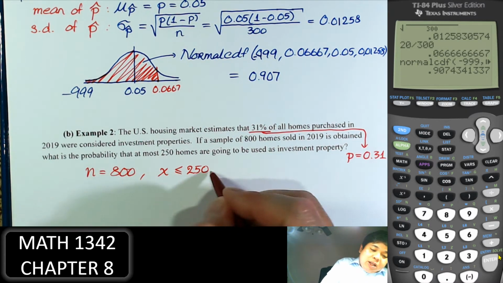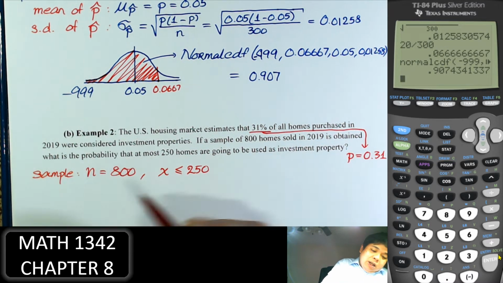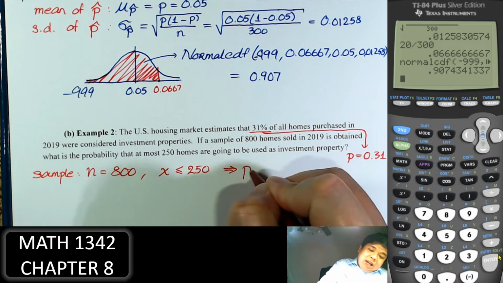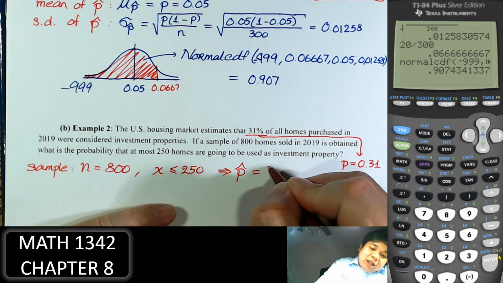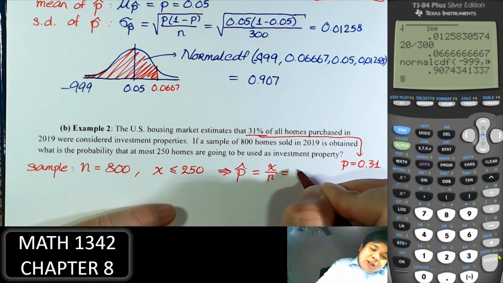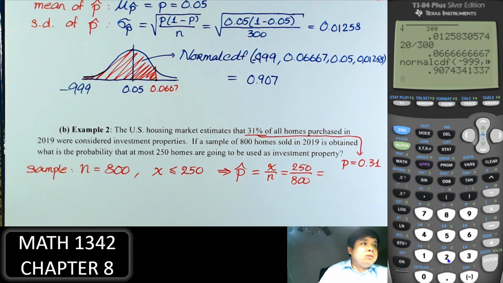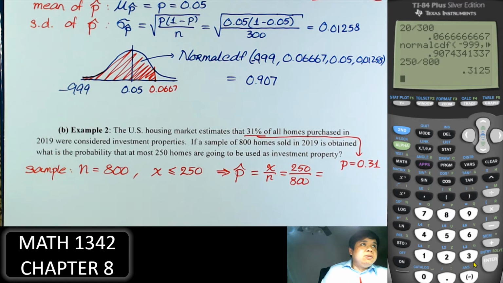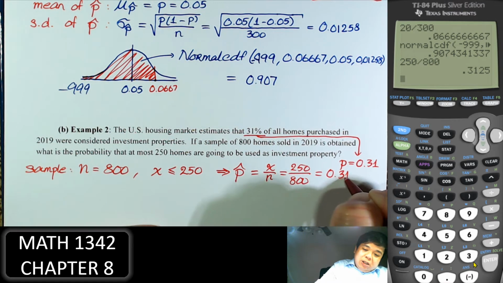And then from this information for the sample, we can say that the p hat, the proportion for this particular sample, is x divided by n, 250 divided by 800, is 0.3125.